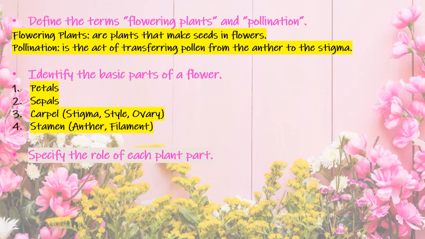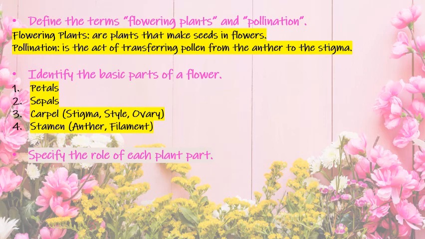What is the job of each of these parts? Let's see. Petals, they are very colorful. They have beautiful colors, they have beautiful smells, so they attract butterflies. Butterflies love to come to them. They come for their bright colors, and also bees and other insects. Sepals, they protect the flower when it's small, when it's young, when it's a bud.